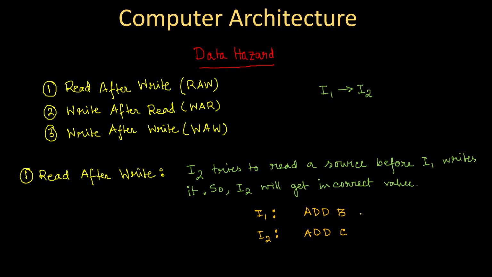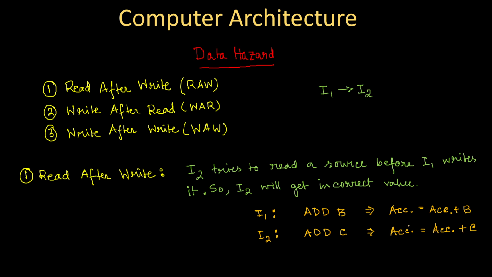ADD B means the accumulator content will be added with register B, and the result will get stored in the accumulator again. Similarly, ADD C means ACC equals accumulator plus C. That means the accumulator content will be added with C, and the result will get stored in the accumulator again.